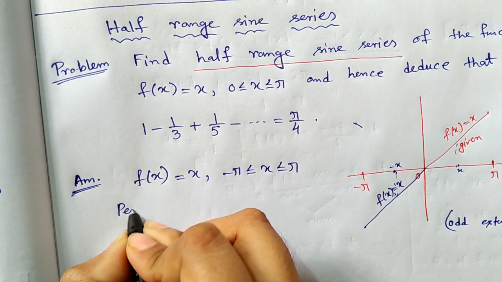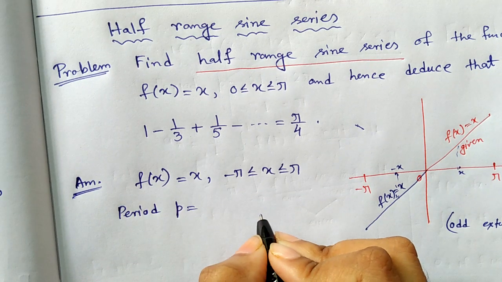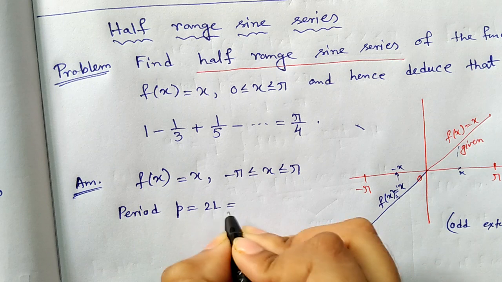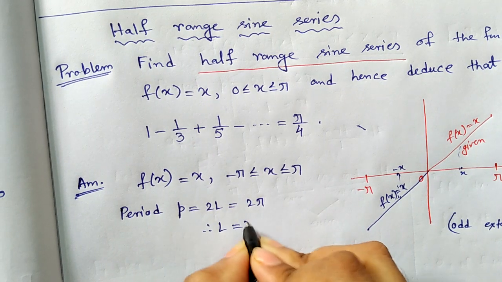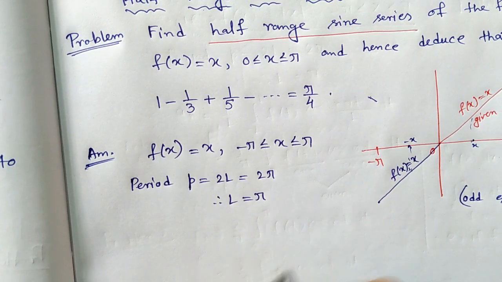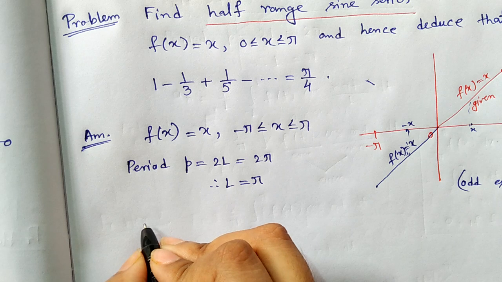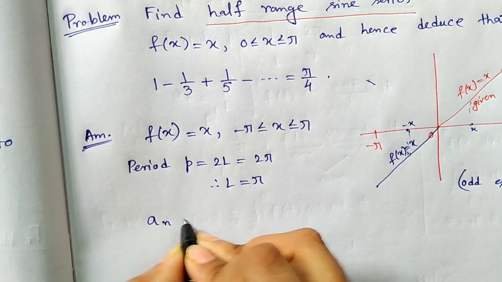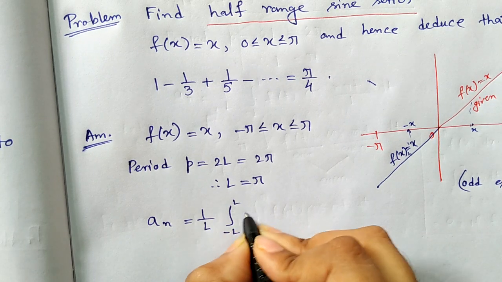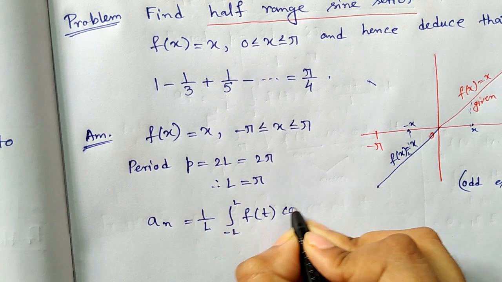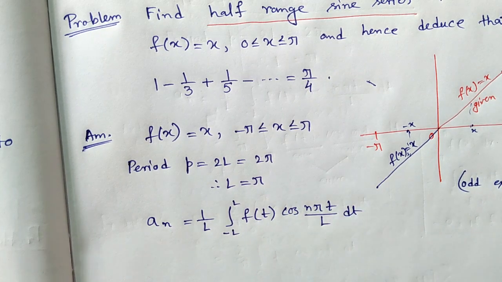Now calculate the period p equal to the length of the interval. p equal to 2l equal to the length of the interval, that is 2 pi. Therefore l equal to pi. Now find the values of a0, an, bn. The value of an will be 1 by l integration minus l to l f(t) cos(n pi t by l) dt.